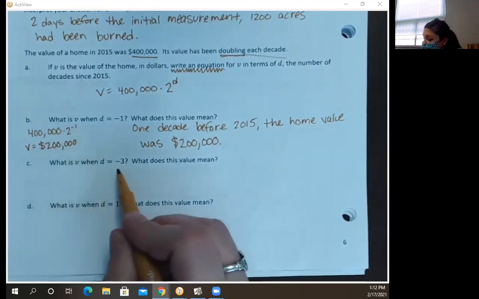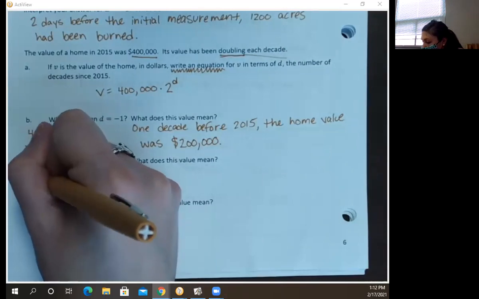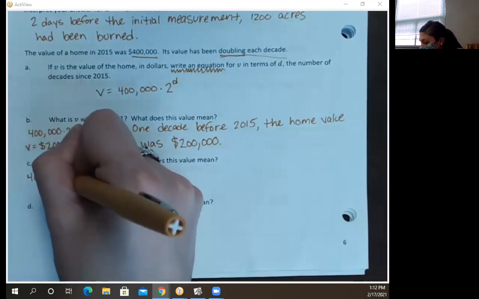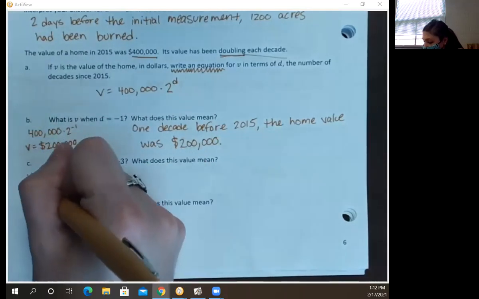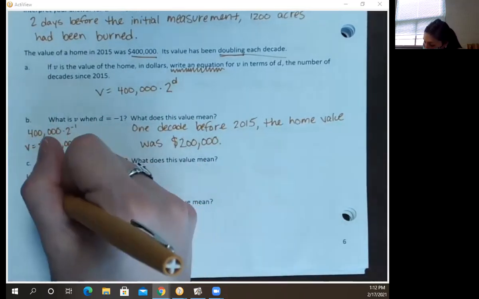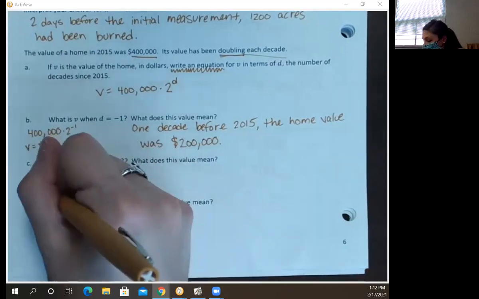For C, what is V when D is -3? Same idea. 400,000 times 2 to the -3rd power would give us a value of, what's our value here? 50,000. Good.